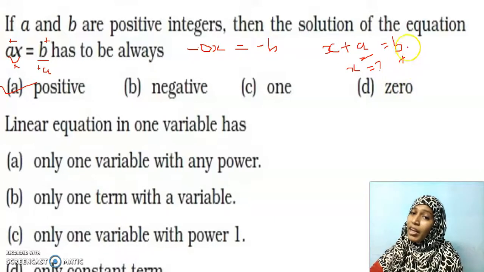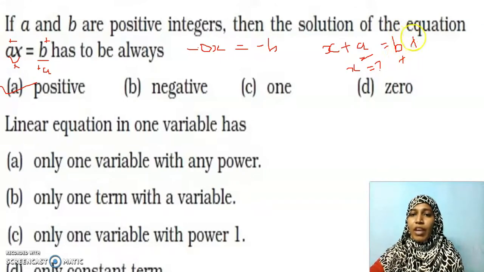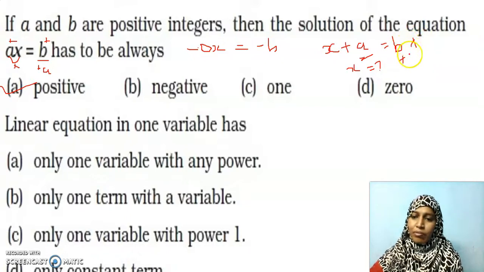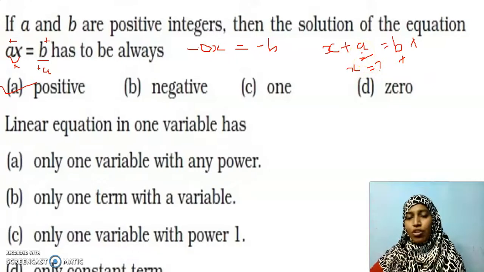Yes, it will be greater than b. If a is a negative number, when it gets transposed, it becomes a positive number. So we will add two positive numbers. Surely it will be greater than b. So you should analyze the question even if the value is not given. Surely you will get a question on this basis.